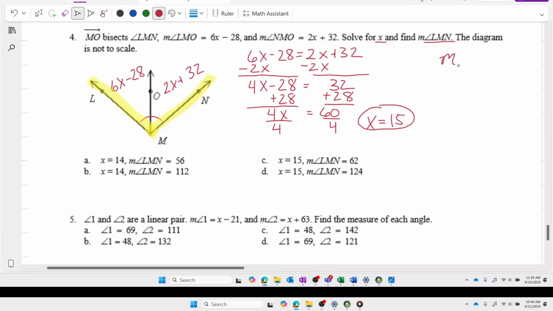So MNO is equal to 2 times 15 plus 32. So MNO is equal to 30 plus 32, which is 62. 2 times x. 62, right?